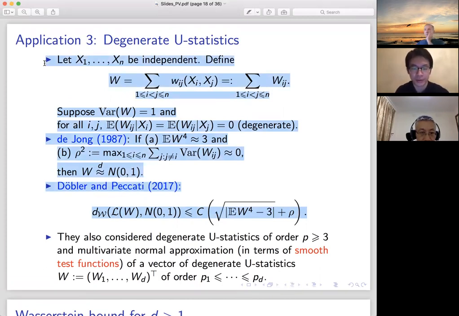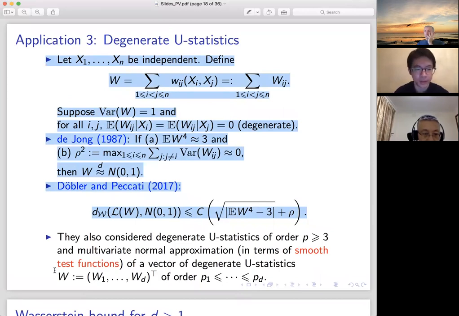So you can imagine we can define similar degenerate U-statistics of order P larger than or equal to 3. And we can even consider a vector of degenerate U-statistics of possibly different orders.